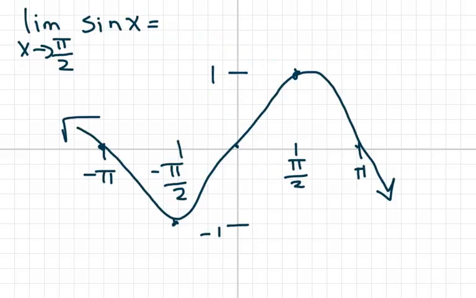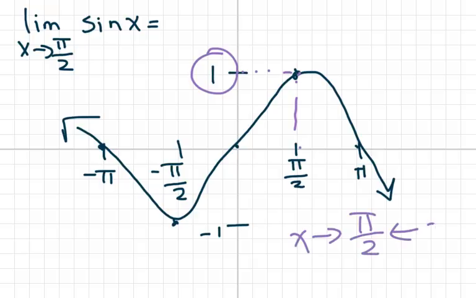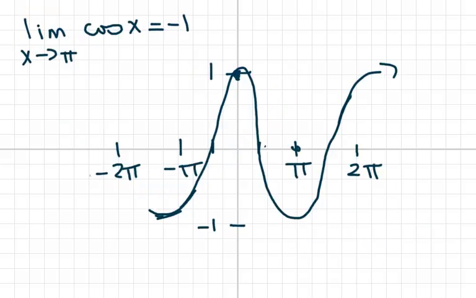Sine function, we are looking at the limit as x approaches pi/2, and I drew the graph. Here's pi/2. I'm going to go up to my y value and see that's 1. So we're looking as x approaches pi/2 from the left and from the right. From the left, we're going up to this point, and from the right, we're going up to this, and the answer is 1. Let's try the cosine function, and I already put the answer here.